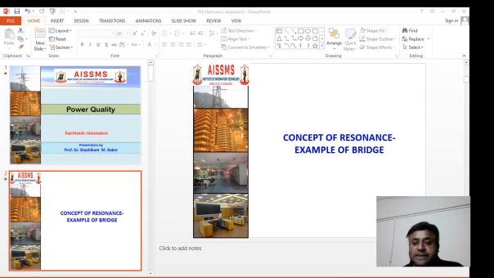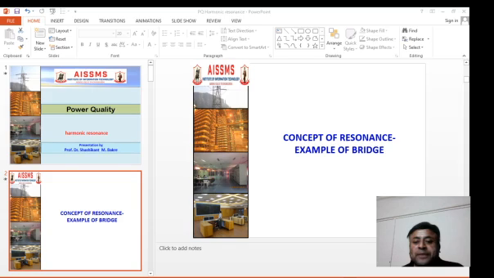They will disperse, because if the frequency of vibration of the bridge matches the frequency of the feet of the soldiers, there may be resonance and the bridge may collapse. This incident took place in the Second World War, and that is called resonance.